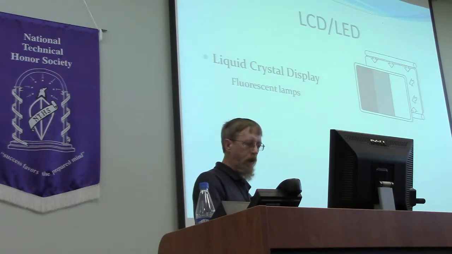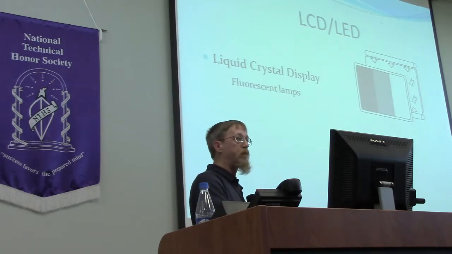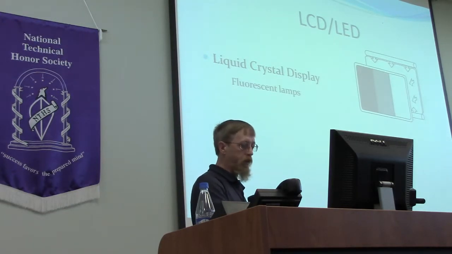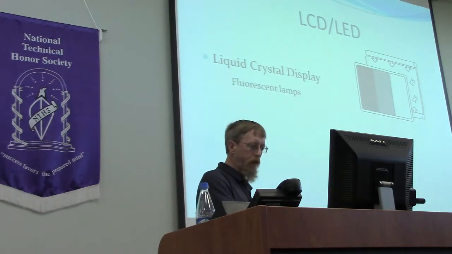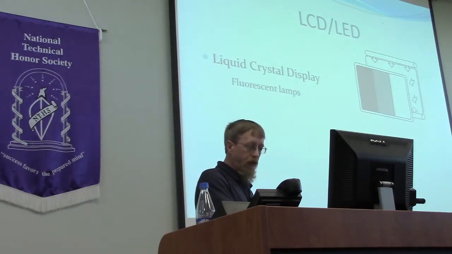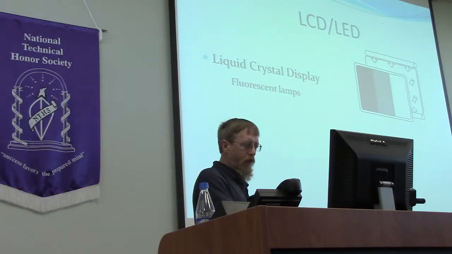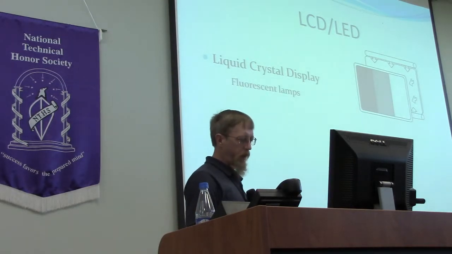CCFLs are less efficient than LEDs and require somewhat more costly inverters to convert your AC power to DC power, then back to AC in order to light the fluorescent tubes. The LCD panel can also be lit by LEDs at one or more of the edges of the screen, or a light array panel can be used behind the entire display.